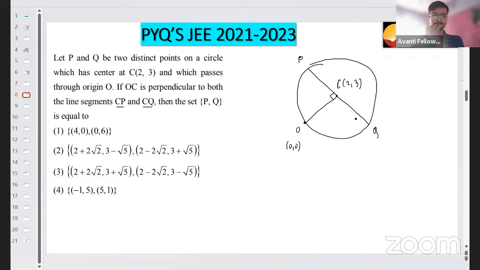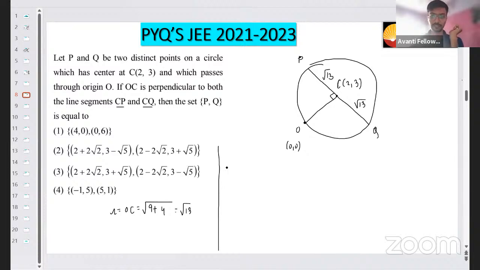So, let's find the radius. Radius is OC, which is under root of 9 plus 4, which is root 13. So this is root 13, CP, CQ is also root 13. Now, I hope you know the parametric form of a straight line. So we are going to write the parametric form of the line CP.